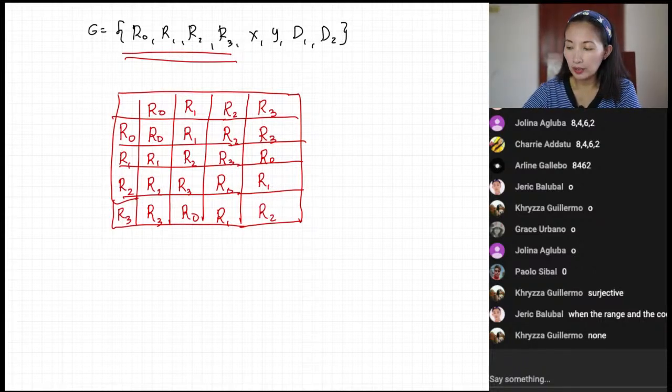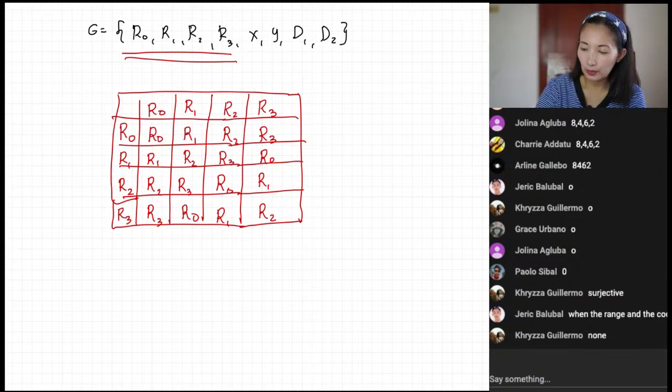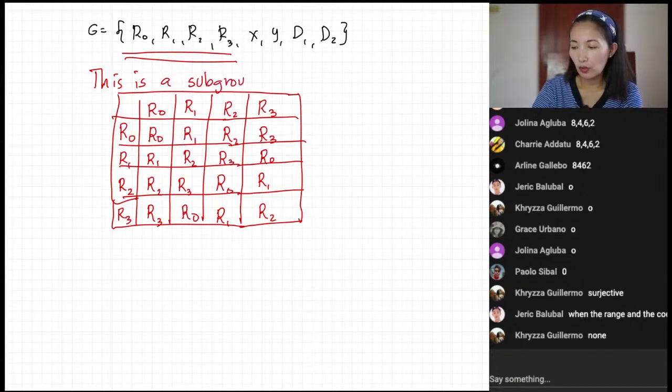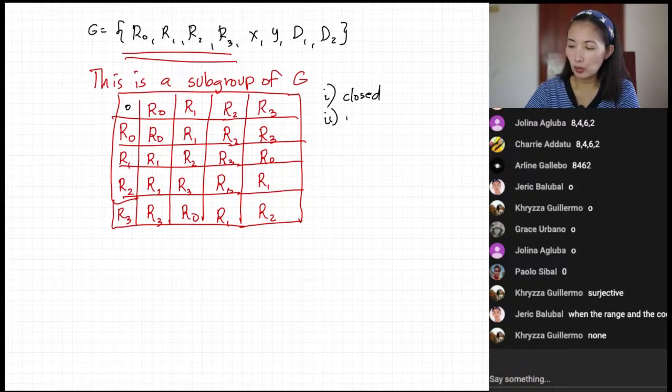And the other parts of your table for X, Y, and D1 and D2, but we just want a subgroup. This is a subgroup of G. Closure property is satisfied. It is closed. Number 2, the operation is associative.